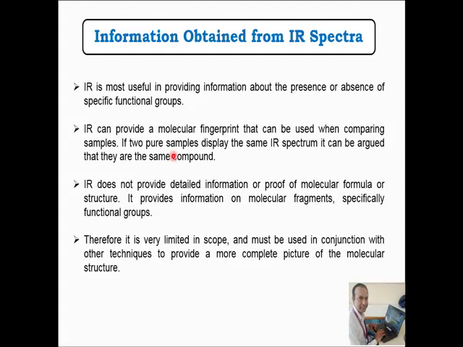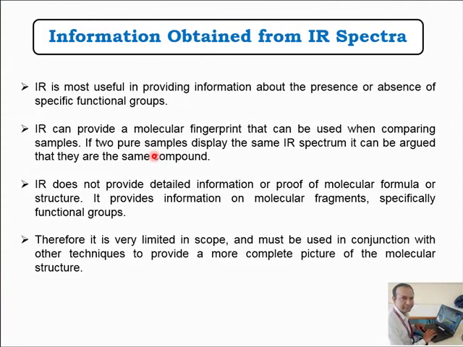IR does not provide detailed information or proof of molecular formula or structure. It provides information on molecular fragments, that is specifically the functional groups, as we discussed in our previous slides.